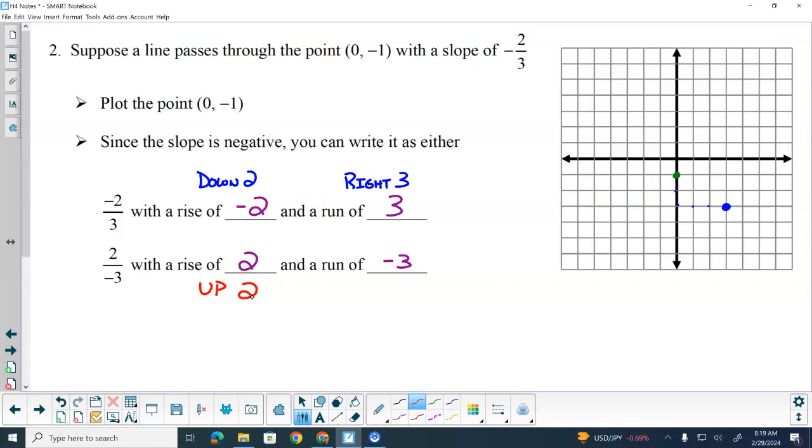A run of -3 would be left 3, right? So from our starting point again, we could go up 2, 1, 2, left, 1, 2, and 3. See how they're all in a line now?